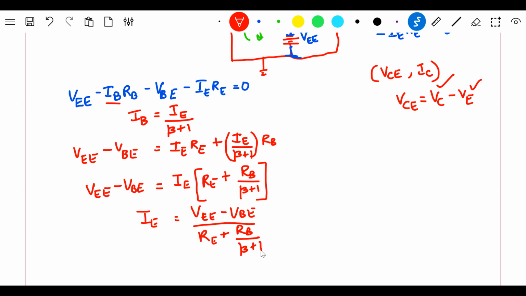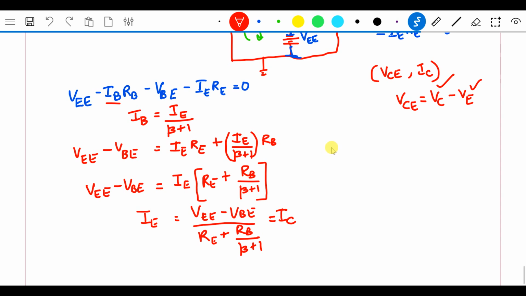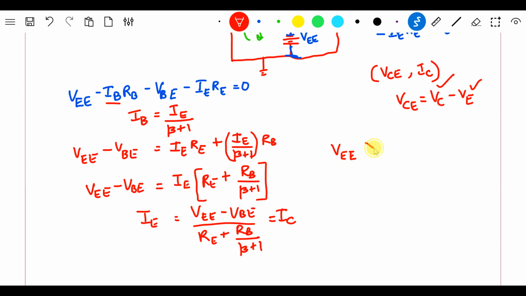Now if you see this equation, IE is approximately equal to IC, so I got IC here. If I want the entire current IC to be independent of the temperature and beta variation, I need to make sure, like earlier for the two voltage emitter bias circuit, that VEE is very much greater than VB. That is one thing we need to keep in mind.